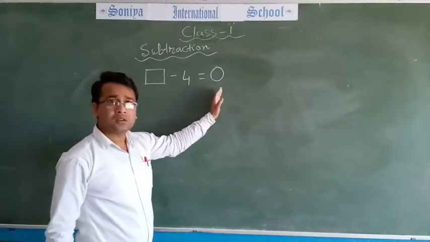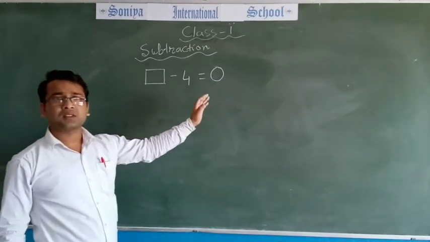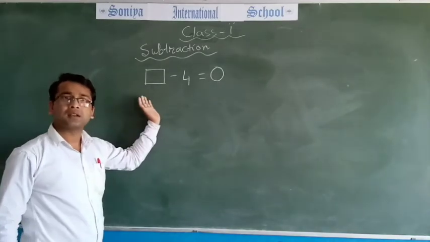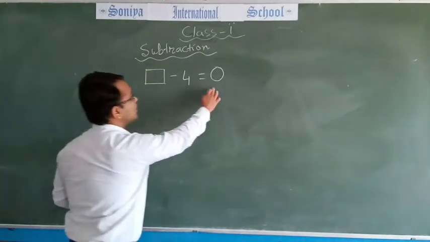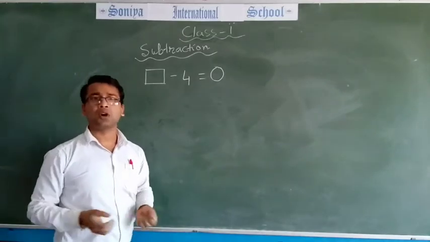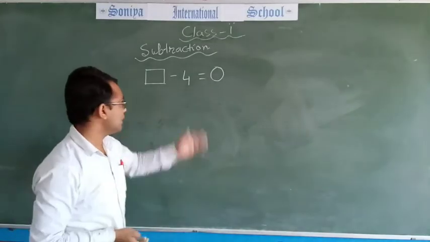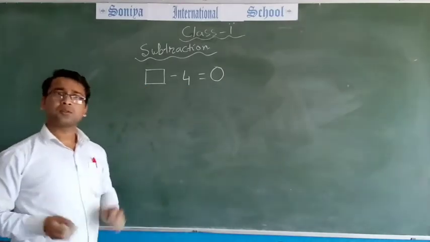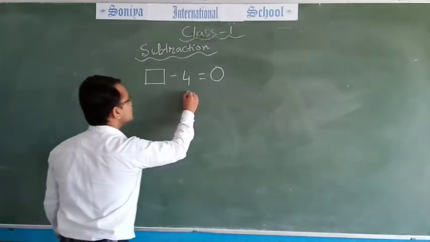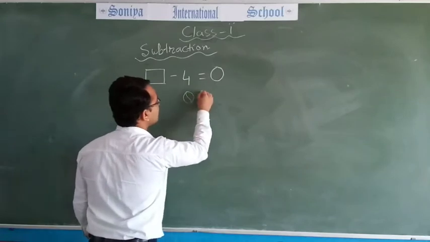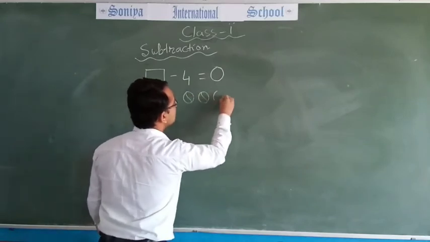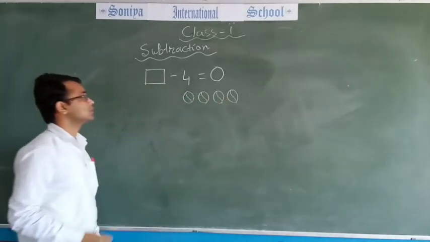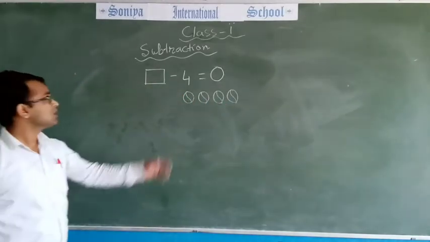First draw any objects and count all together and write here. 0 means nothing, no more objects, and 4, I draw 4 balls. 1, 2, 3, 4.